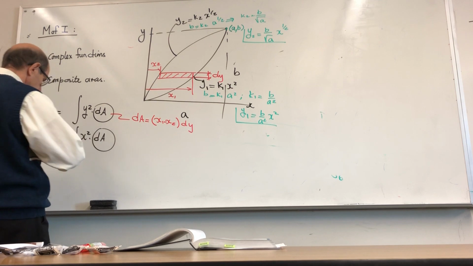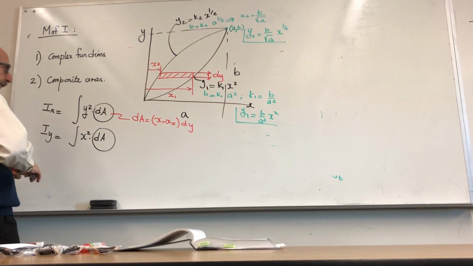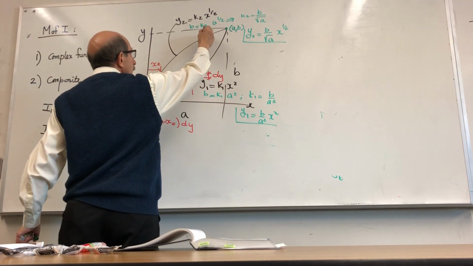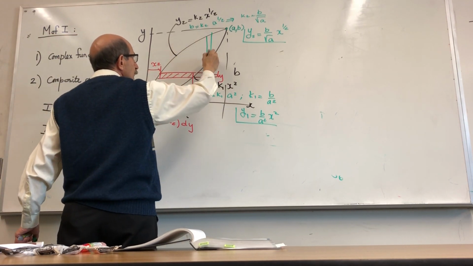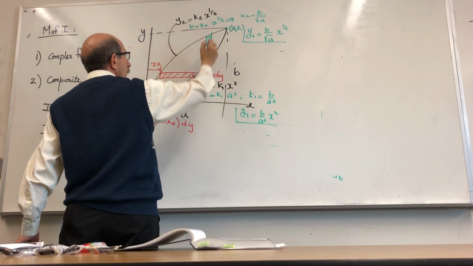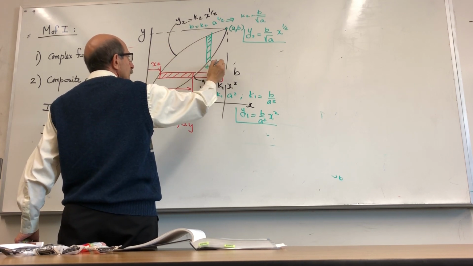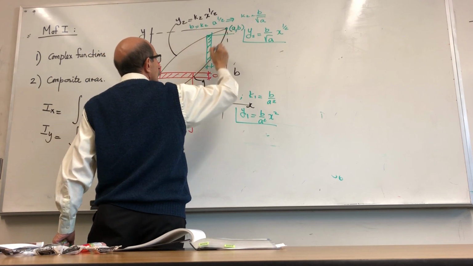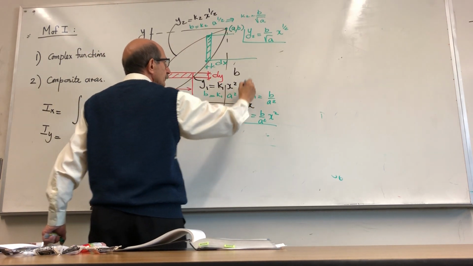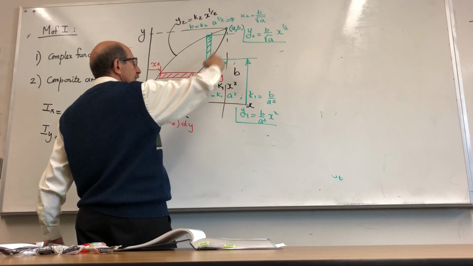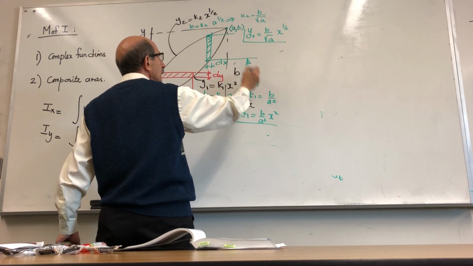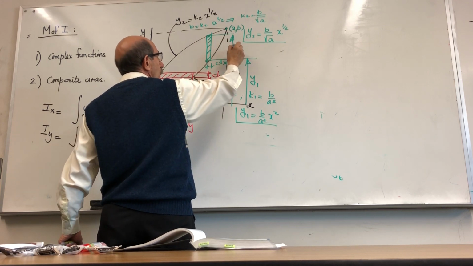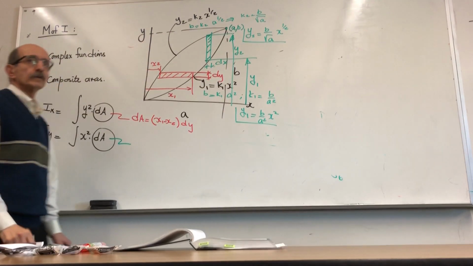For the case of Iy, you need to consider a differential area whose sides are parallel to the y-axis, or this is the x, therefore this is y from this function, I call that y1, and this is y from this function, y2.